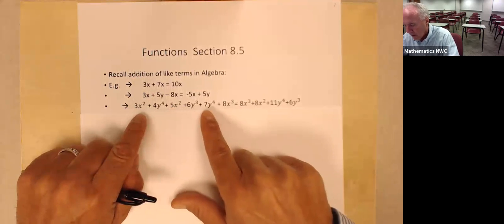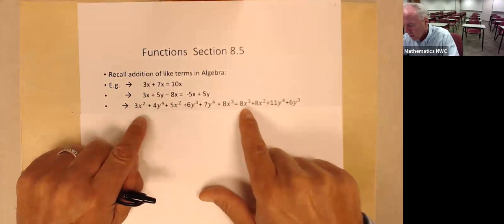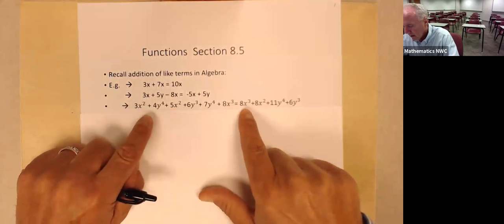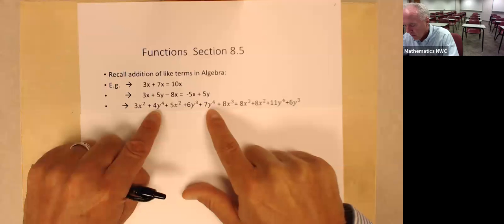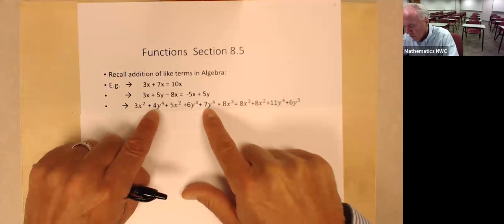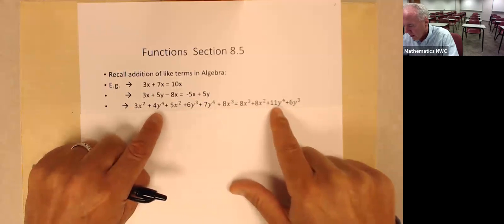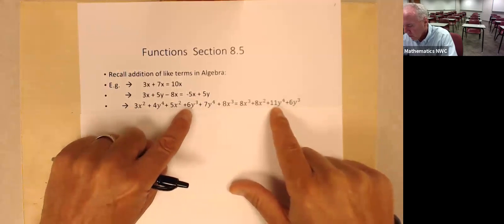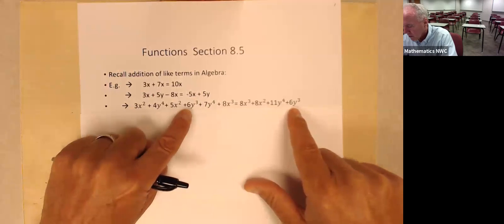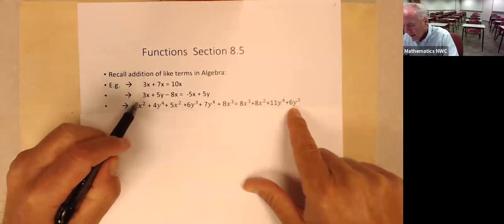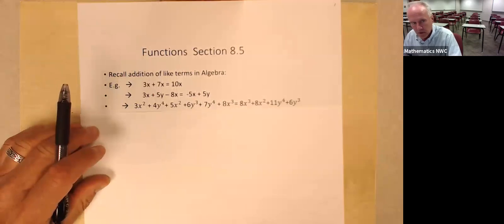There's a y cubed, but not an x cubed. So the 8x cubed goes by itself. I have 2y to the fourth. So those two, I add the coefficients. 4 plus 7 gives me 11y to the fourth. And I have this 6y cubed term all by itself. So I can add some terms when they're like terms. Others, we cannot.